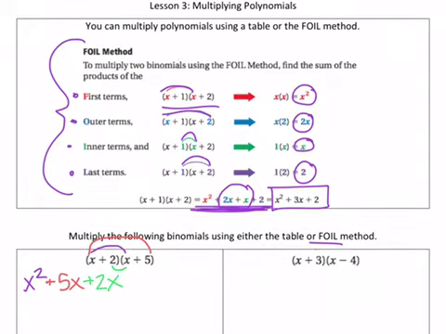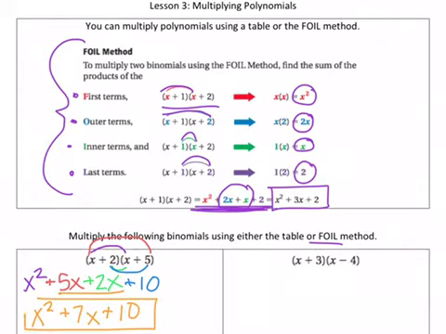And then our last terms in each binomial, which is 2 and 5. So when you multiply it, it's a positive 10. Then all you do is combine your like terms. So it's really usually our middle numbers, our x's. So we have our final answer of x squared plus 7x plus 10, and that is your final answer.